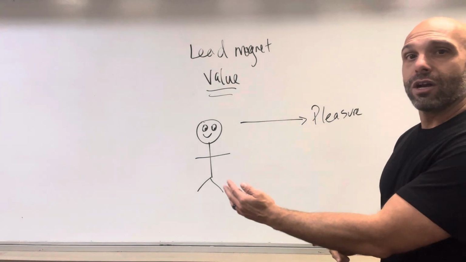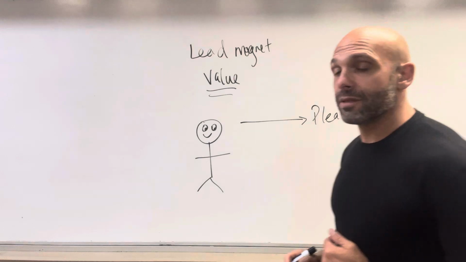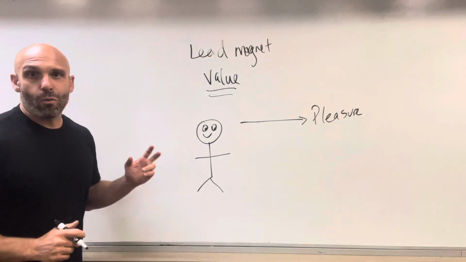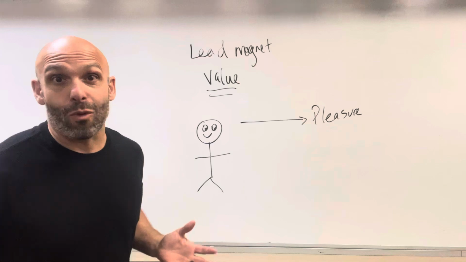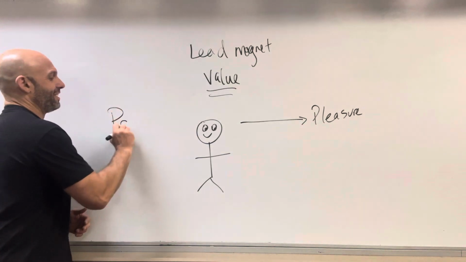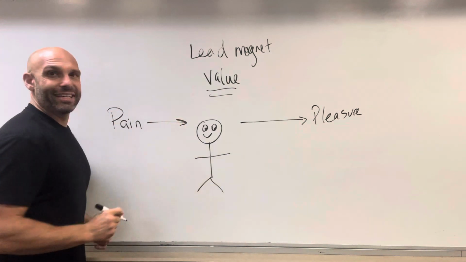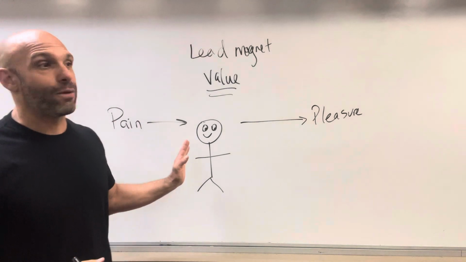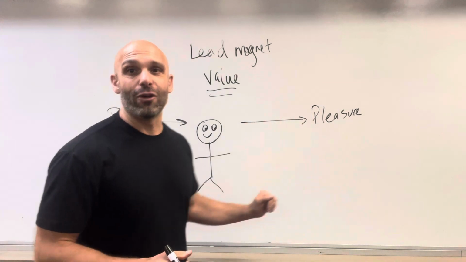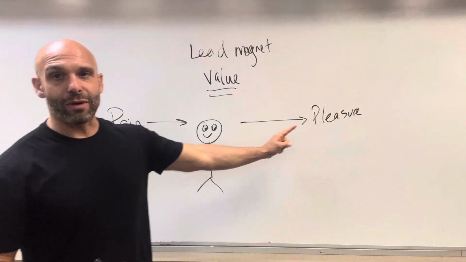Your dream customer is attracted to pleasure, and they want to go away from what? Do you know? What do people not want? People don't want pain. They want to move away from pain and move towards pleasure. And you notice this is going in the same direction.